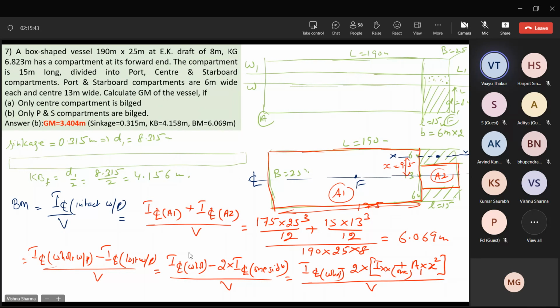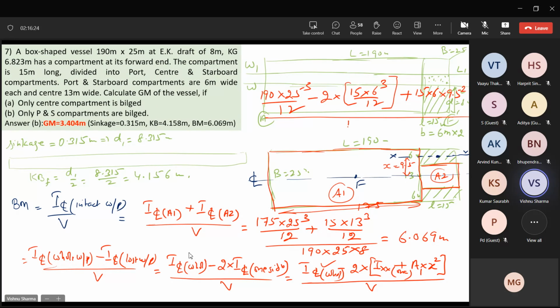Yes, sir. I wrote the same expression, but I'm not getting a good answer. So now ICL of the whole will be LB cube by 12, that is 190 into 25 cube by 12, minus 2 into Ixx of one area, with length 15 and breadth 6: 15 into 6 cube by 12, plus area of one, 15 into 6 which is 90, into x square, 9.5 square, divided by LBD, 190 into 25 into 8.